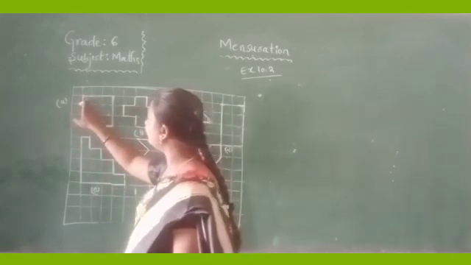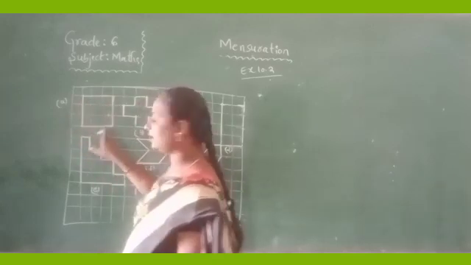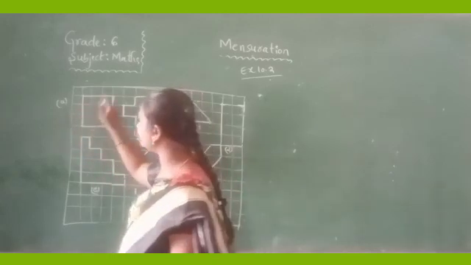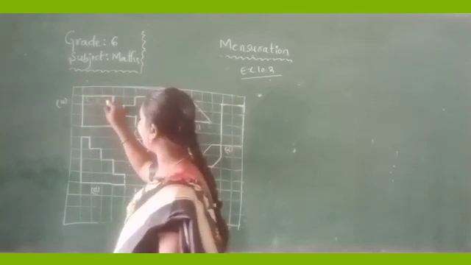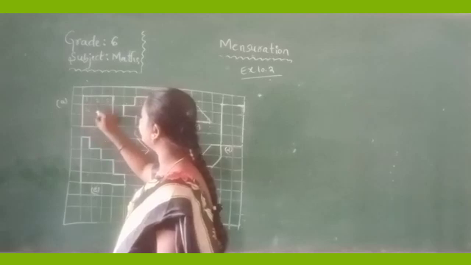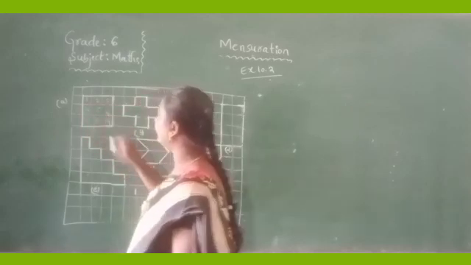First, here full squares. I am taking the full squares. So here all are full squares. How many full squares? Now I am counting. Look here. 1, 2, 3, 4, 5, 6, 7, 8, 9. Okay.